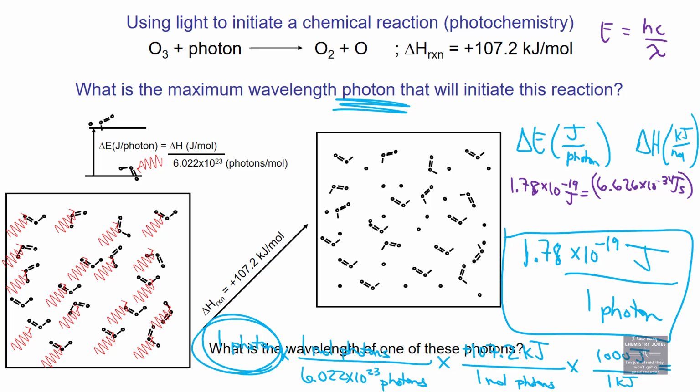I'm running out of space, but this is multiplied all on the top, 3 times 10 to the 17th nanometers per second, divided by lambda. And if I solve for my lambda, I get 1,117 nanometers. And that's the wavelength of light needed to initiate this photochemical reaction.